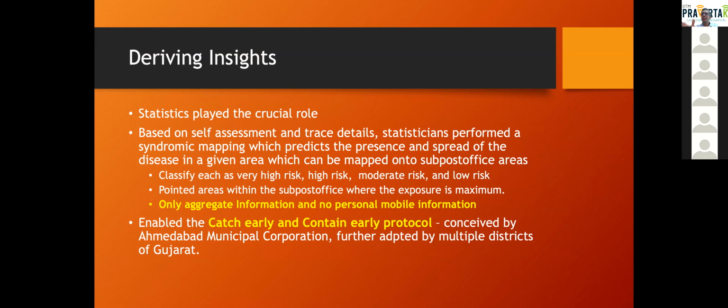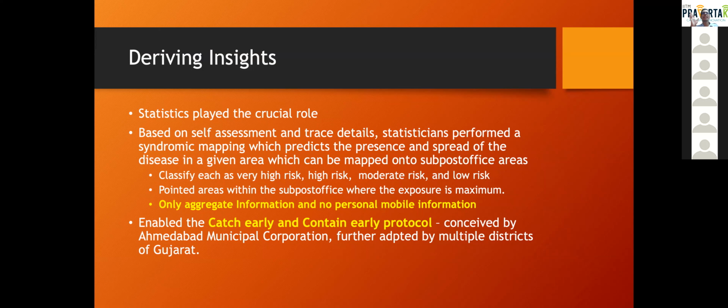Because every area has a lat long and we know which is the closest post office. By this, we can classify every post office as a high risk, very high risk, moderate risk or low risk area.